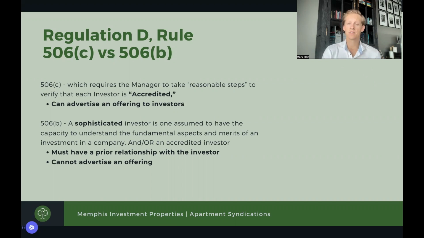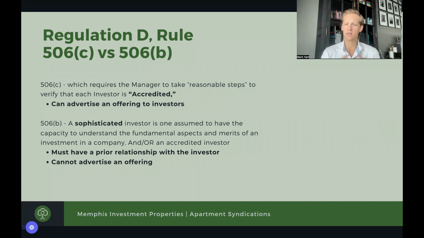So now the other option is a 506B as in boy, which allows you to accept accredited, but also up to 35 sophisticated investors, which is one that does not have as much of a net worth and income as an accredited investor, but is assumed to have the capacity to understand the fundamental aspects and merits of an investment in a company. So essentially, what that really means is, do you have a prior relationship with us?